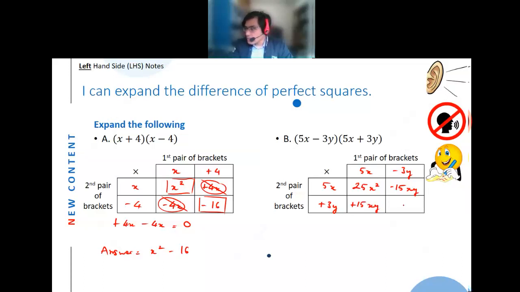And then we've got positive 3 and a negative 3, positive and a negative is a negative, 3 times 3 is 9, y times y is y squared. So again, if you notice that this is going to give you a difference of perfect squares, you may decide that you don't need to do these two because you know that they are going to cancel each other out.